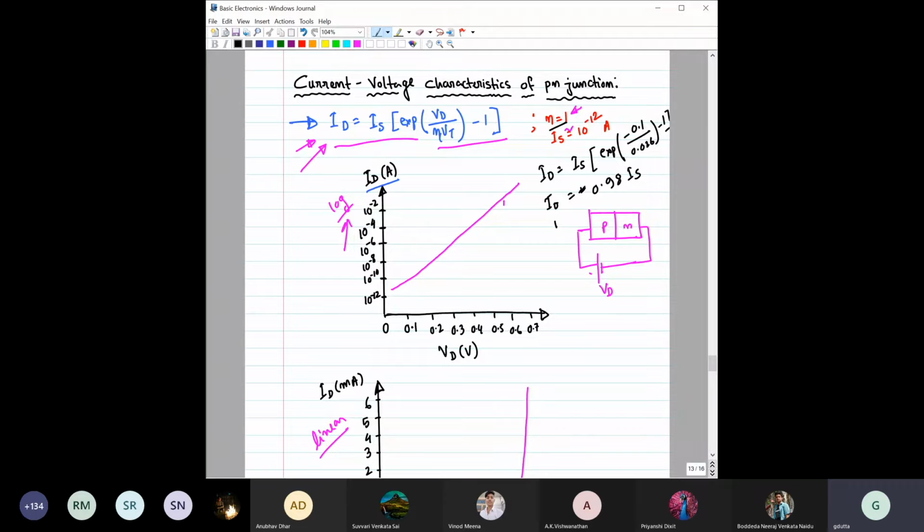Now what would be the value of this ID if I have changed it to exponential of say 0.5 by 0.026, minus 1? Now give me the value.